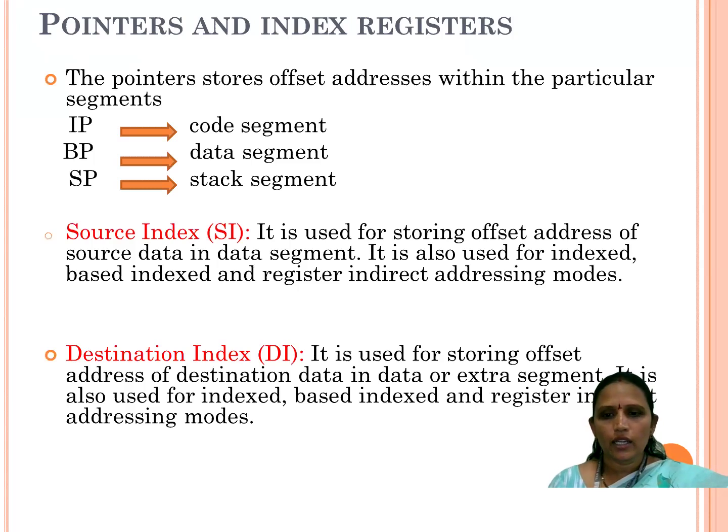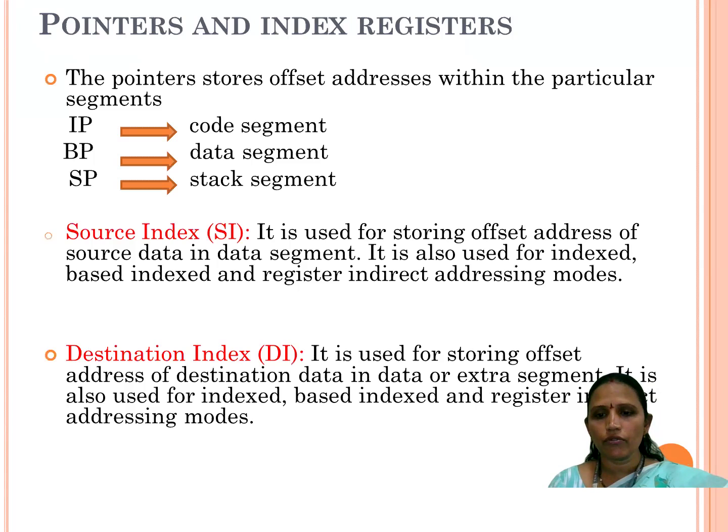And coming to the index registers, there are 2 types of index register: the source index register and the destination index register. The source index register is used for storing the offset address of the source data in the data segment. It is also used for indexed, based indexed and register indirect addressing modes.